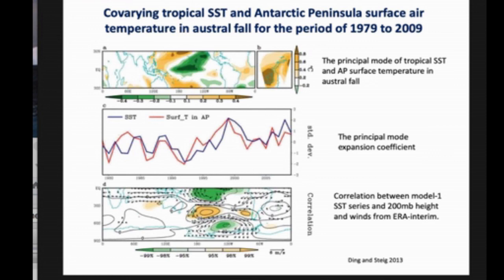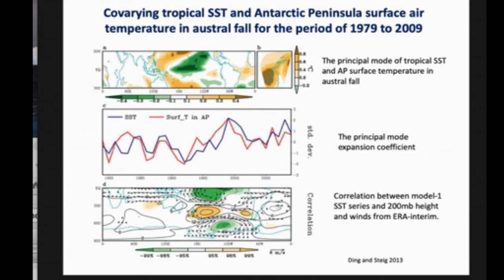This 2013 paper gave a hint on the peninsula warming. They did SVD analysis between the tropical SST and air temperature in the peninsula. They found that pattern, a warm western peninsula and cold tropical Pacific, and they also found an associated pressure field indicating that the cold Pacific generated a Rossby wave, generating a low pressure center in the Amundsen Sea Low.